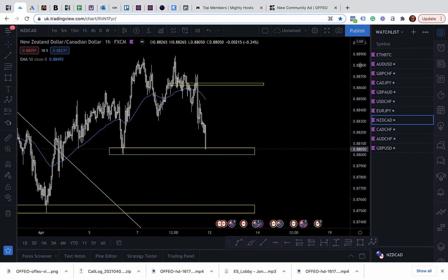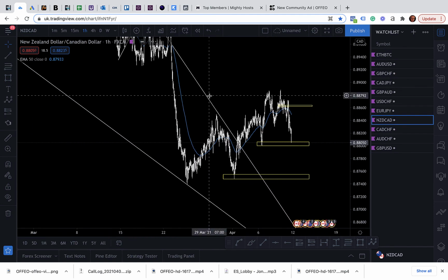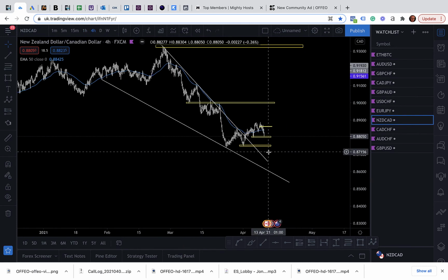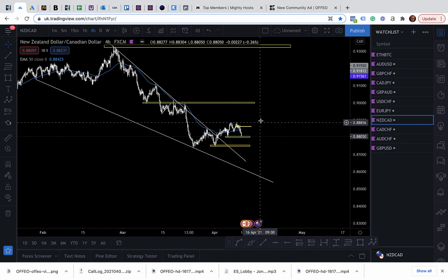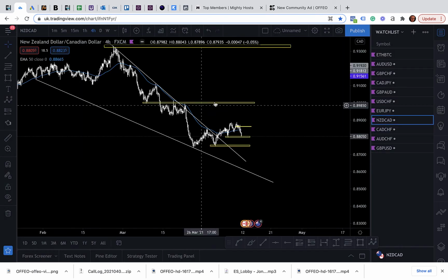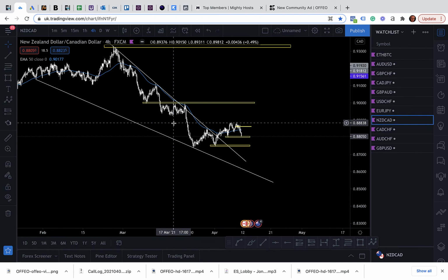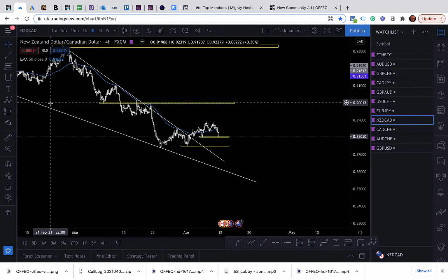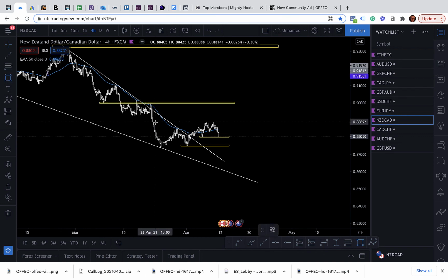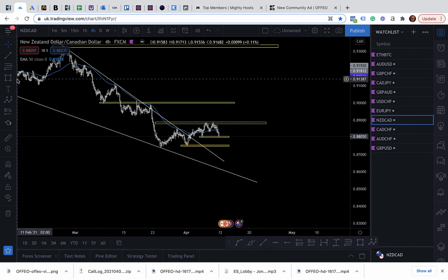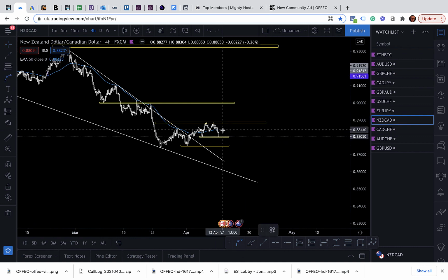Not a super interesting trade, but we have broken this descending pennant pattern, and we need more buyers to come into the market. If buyers do come in, I will be one of those buyers, and I might even change my take profit to this double top here. Very nice and easy trade if we get the right entry signal.